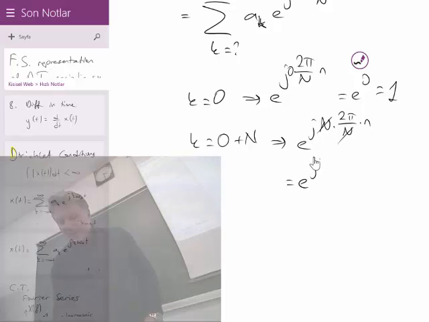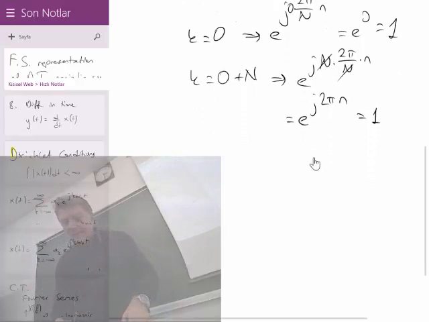It will be e to the j 2 pi n. What is that? It's again 1. So this gives you a hint about the circular behavior of this e to the j 2 pi over capital N times k thing. If you increase k by capital N, you circle around and come to the same point.